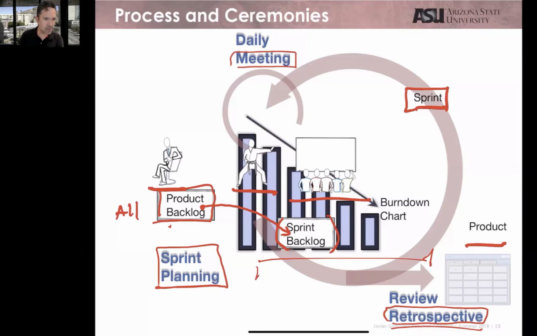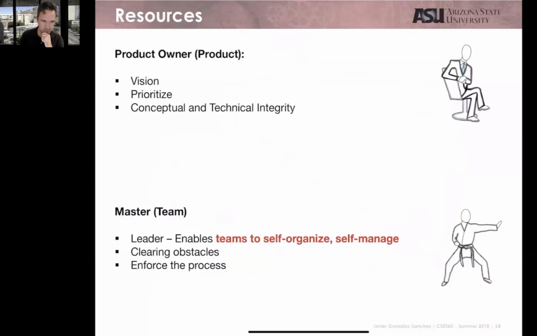Okay? So what about the people? The owner. One person in your team, again, is not the boss. One person there, one human being, one like you, is going to be responsible to kind of moderate the team. Keep the vision of the project.